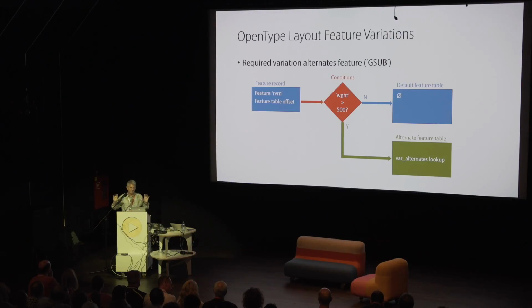It's achieving that kind of effect. And so if the conditions aren't met, I go into a default feature list or a default lookup list that doesn't take any actions. I just get the default glyphs. But then if the conditions are met, I apply a different set of lookups that actually make some substitutions. And so in that way, you can get these different glyphs with different structures for complementary parts of the variation space.